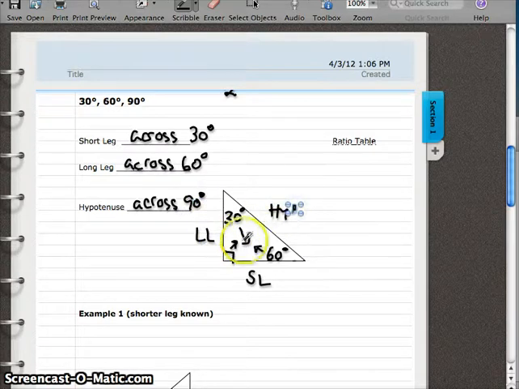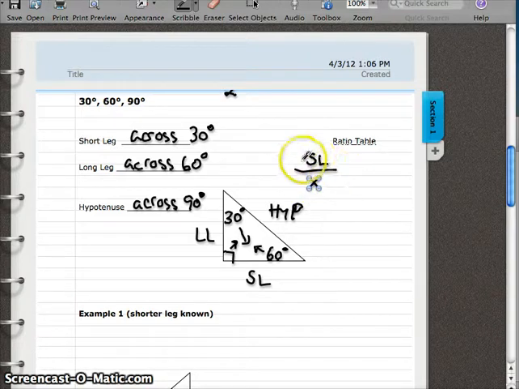So if you can label your pieces, then that will help you get to the next step, which is to use 3 different equations here. We'll set it up in our ratio table. The short leg is always going to be our default. That's what we want. Everything else is based on the length of the short leg.